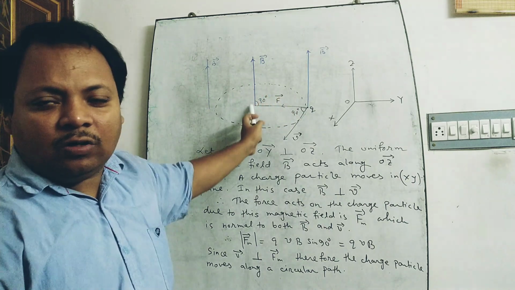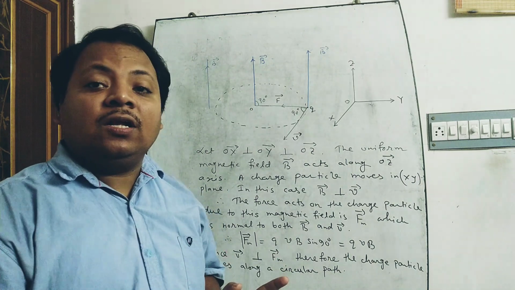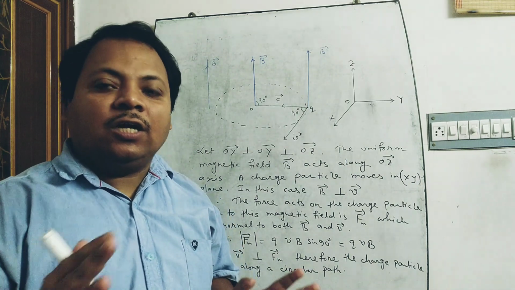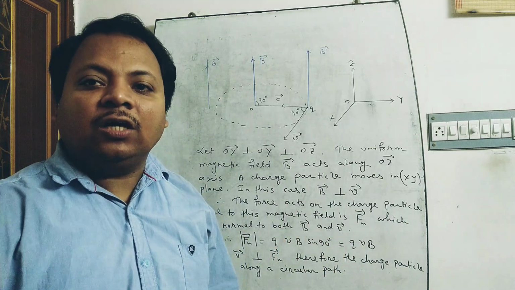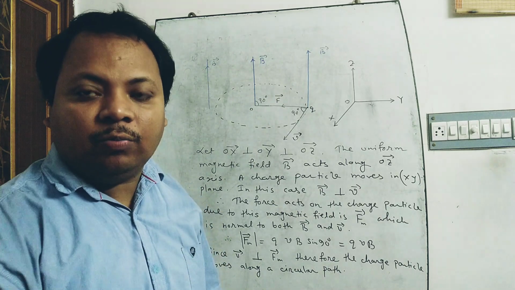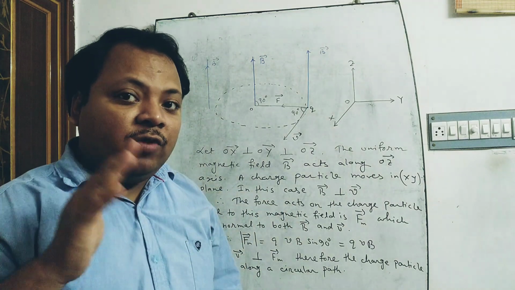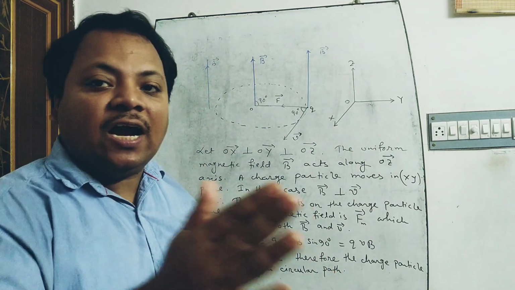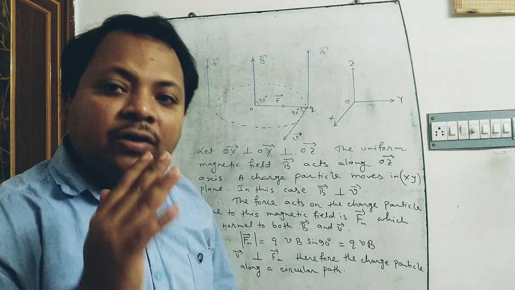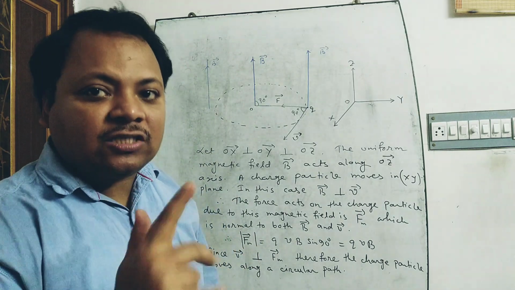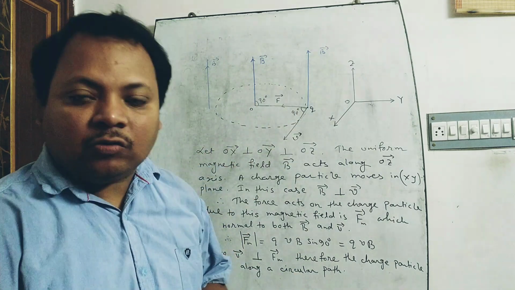You know that in circular motion, the centripetal force acts normal to the direction of the velocity of the particle. That is, in a circular path, the velocity of the particle acts along the tangential direction and the force acts along the radial direction. That's why the motion of the charged particle is circular.